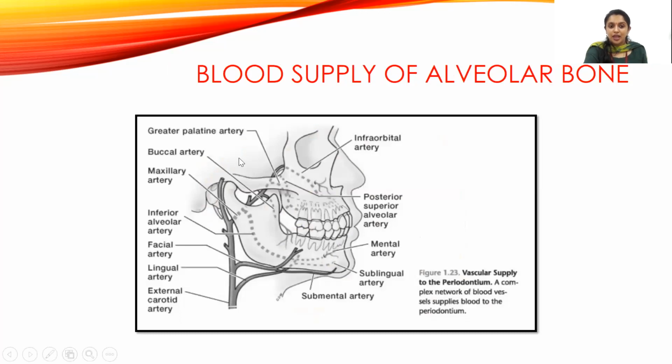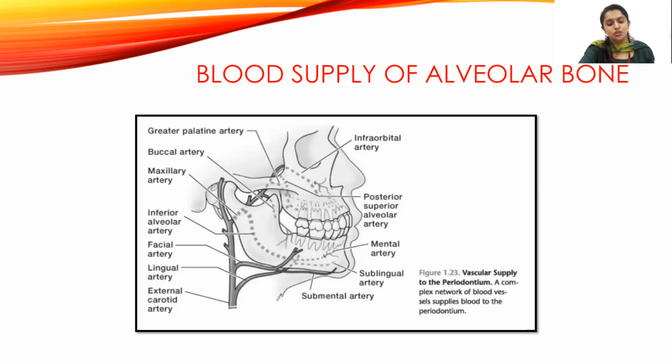Coming to the blood supply of alveolar bone, the blood supply is mainly the alveolar artery, and the alveolar artery will supply a very important blood supply to the periodontal ligament, as well as make sure that blood supplies all the minute vessels.